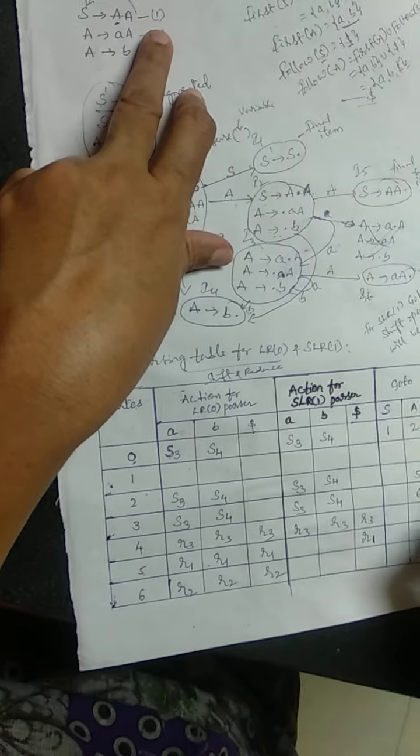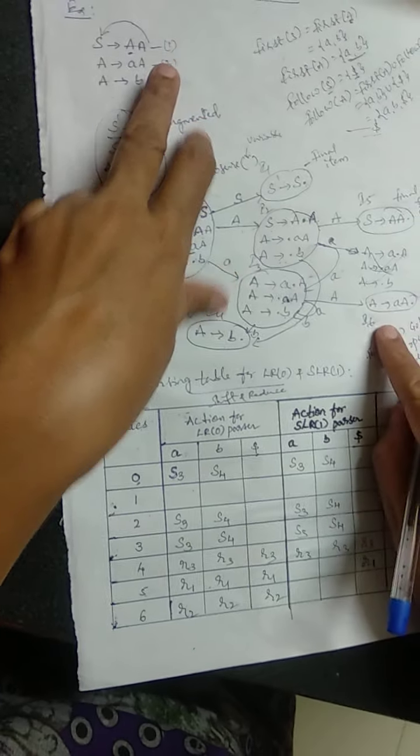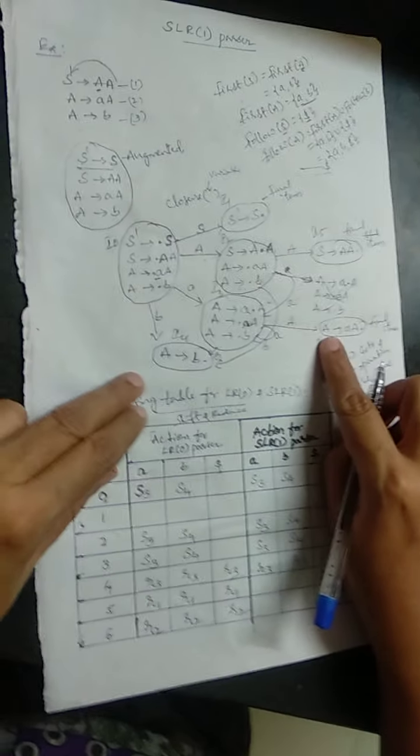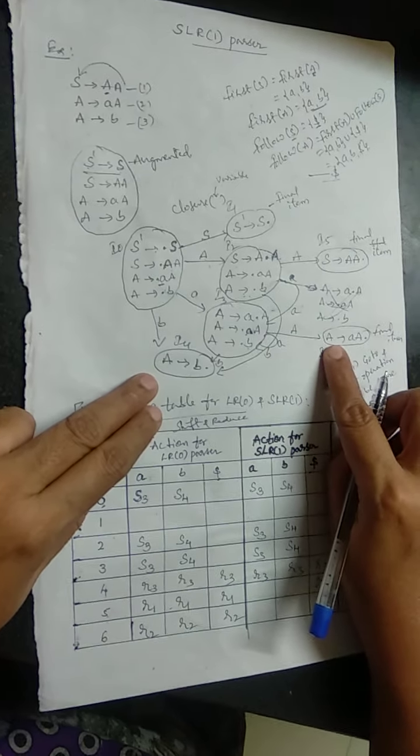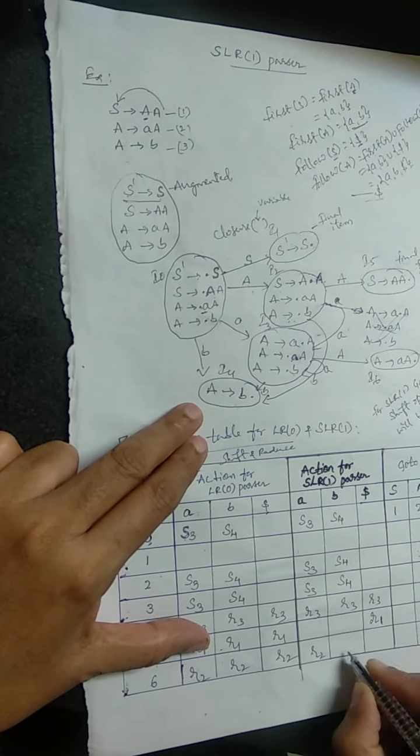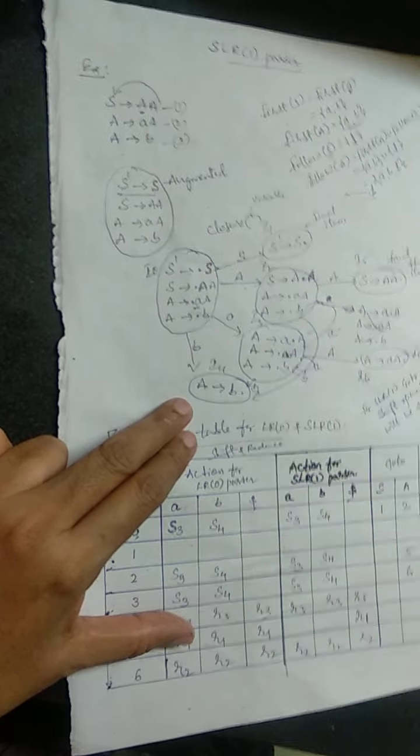Next, I6. Here again the left side variable is A only. When you calculate follow of A, it is a comma b comma dollar, so under those you have to write this production number: R2, R2, R2.